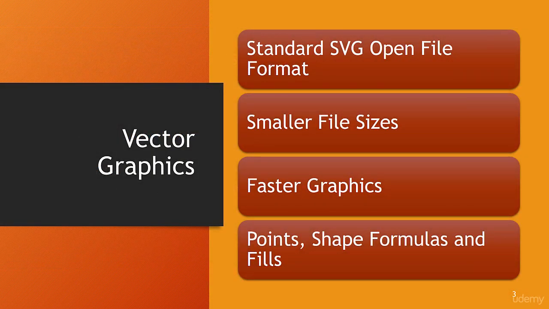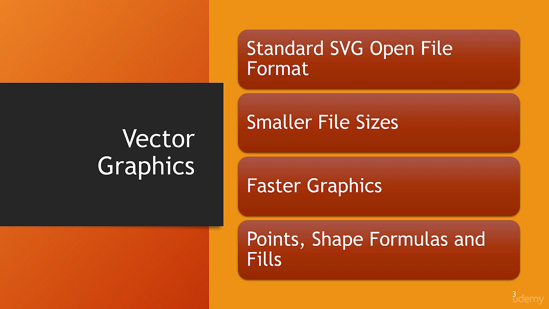Vector graphics provides a standard SVG or standard vector graphics open file format, which allows you to share your vector graphics between programs. It creates smaller file sizes because you're storing much less information. You're not storing every point in the image.